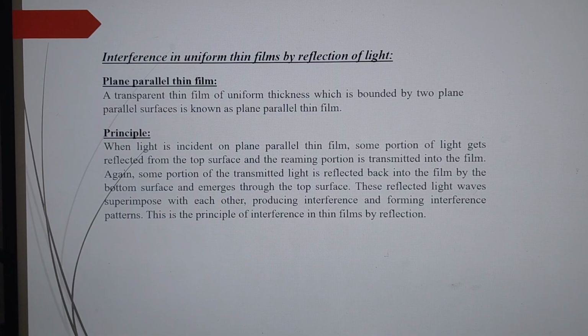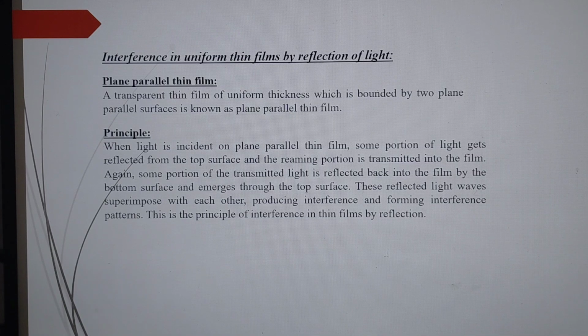This transmitted light is reflected back into the film by the bottom surface, and emerges through the top surface. These reflected light waves are superimposed with each other, producing the interference phenomenon and forming interference patterns.